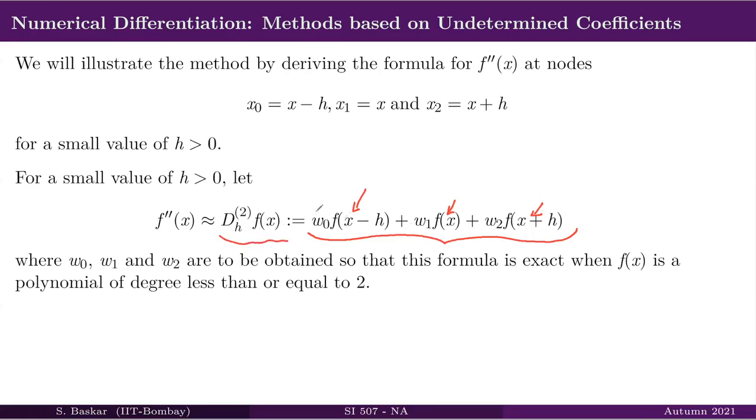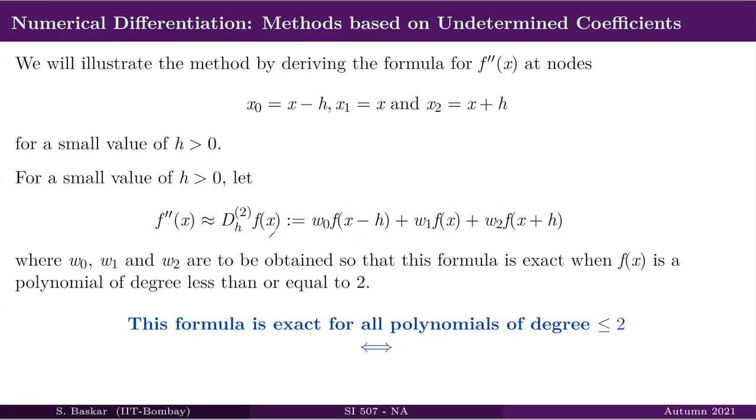Here we have to now find w0, w1, and w2 in such a way that this formula will be exact for the polynomials of degree less than or equal to 2. That is, if f happens to be a polynomial of degree less than or equal to 2, then whatever value you get from your finite difference formula should be exactly equal to the value of f double dash of x.